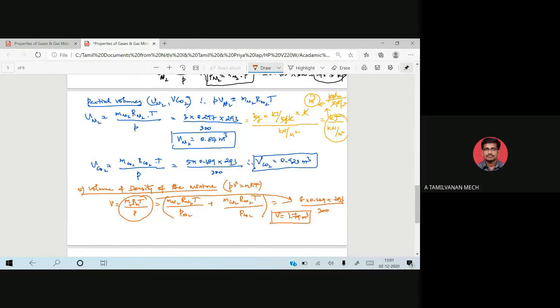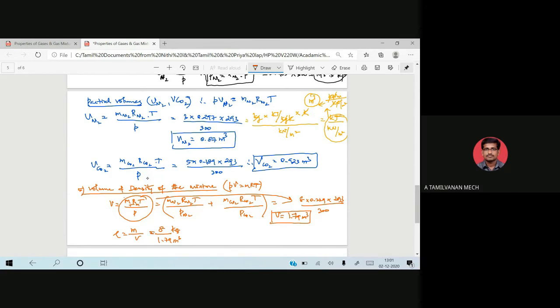Okay. Then next, you are going to find the density. Simply, we can calculate the density by density is equal to mass by volume. So mass is equal to 8, volume is equal to 1.89 meter cube. Density is equal to 8 kilogram.